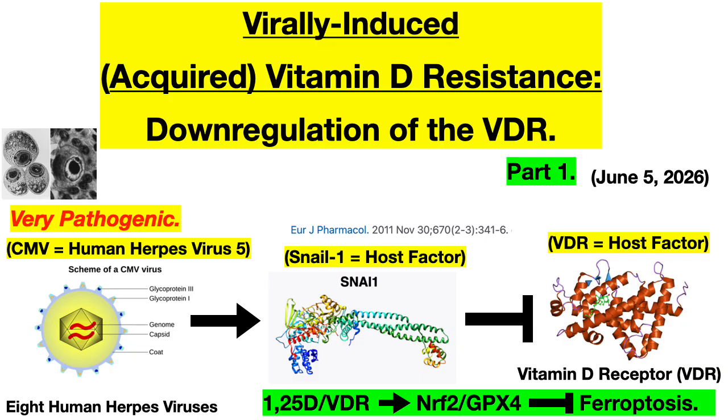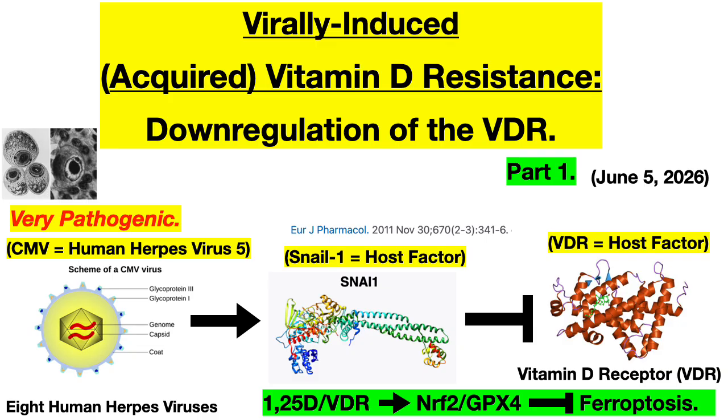At the bottom of the slide is a green highlighted information vector which shows a signaling pathway involving the vitamin D receptor, VDR. An agonist, 1,25D, which stands for 1,25 vitamin D. This could be either calcitriol, the kidney metabolite of vitamin D, 1,25 dihydroxyvitamin D3, or a therapeutic analog of calcitriol known as paricalcitol, 1,25 dihydroxyvitamin D2.